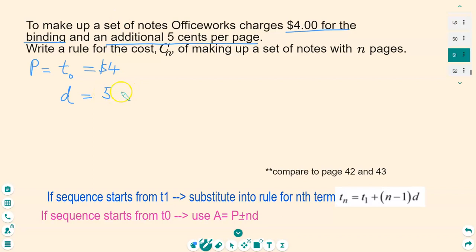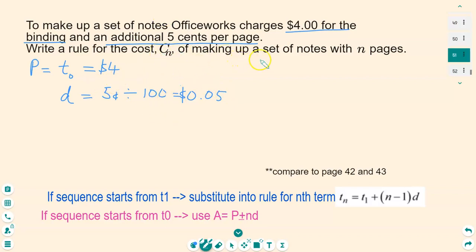So 5 cents, to convert that to dollars, we are going to divide by 100 because there's 100 cents in $1. 5 divide 100 is 0.05. And then we've got them both in dollars.